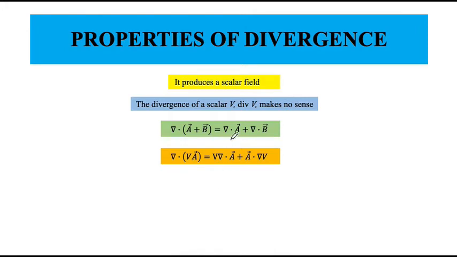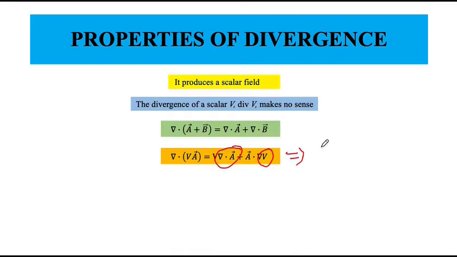Then del dot (V A) is what? V times divergence of A plus A vector dot product with gradient of V. So this formula is very important from a numerical point of view. So these are properties of divergence.